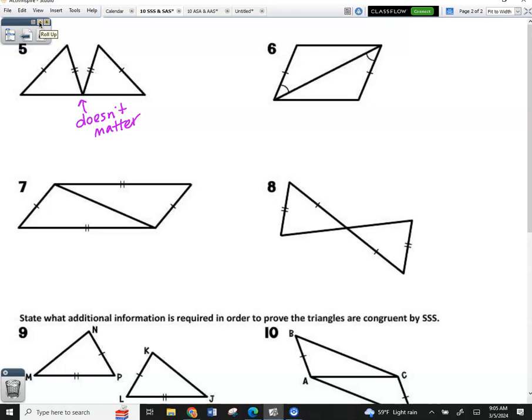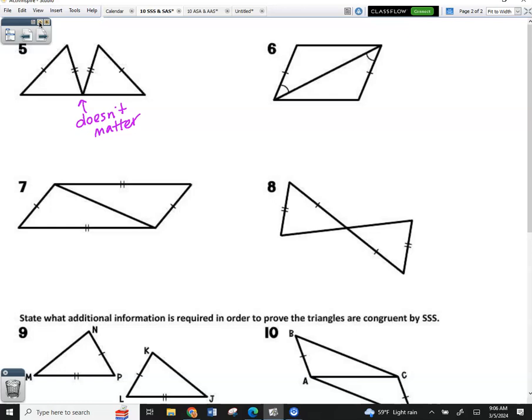There is another type of sneaky info we've not had yet. It's coming up in numbers. Well, maybe not. So in this particular case, it just doesn't matter that they're touching. So you could think of them as totally separate triangles. The separate triangles are the easiest ones because you just run with the marks that are there. You know nothing's secret about it. Do I have enough marks here to meet a shortcut for number 5?